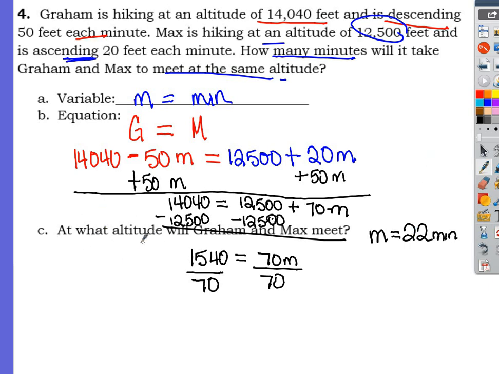Now the next question is asking at what altitude, and the answer to that is not 22. 22 is the time. Okay, but remember, we have their separate equations.